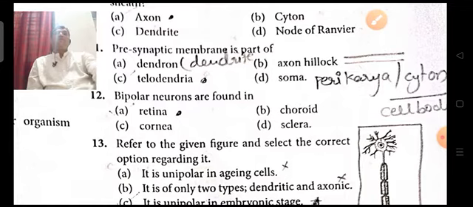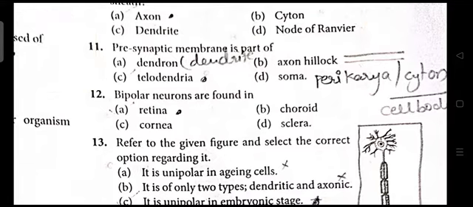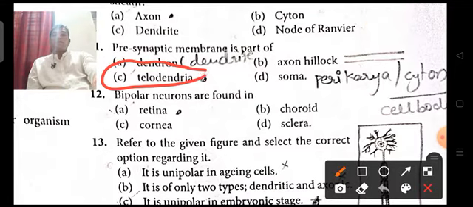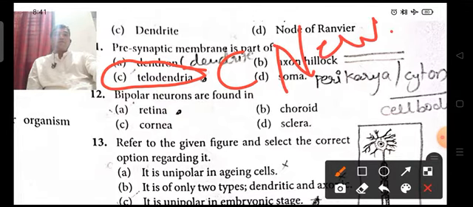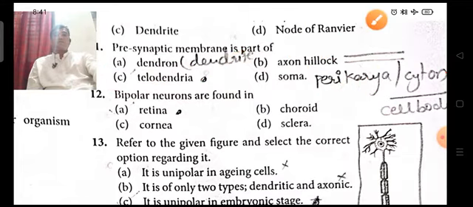Telodendria means the axon terminal. So here the presynaptic membrane is part of telodendria, that is option C, that is nothing but the axon terminal.